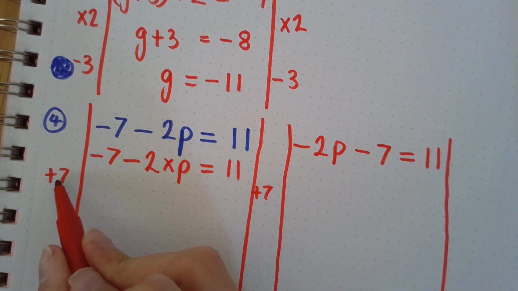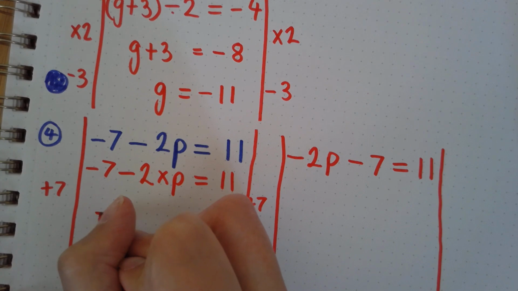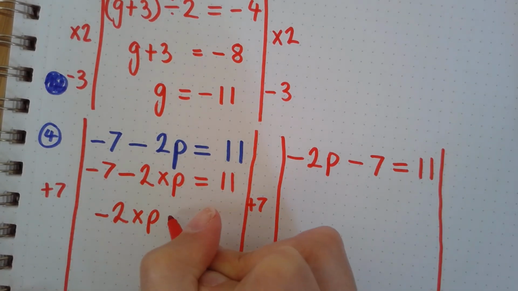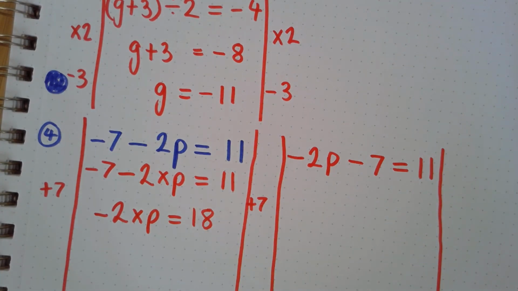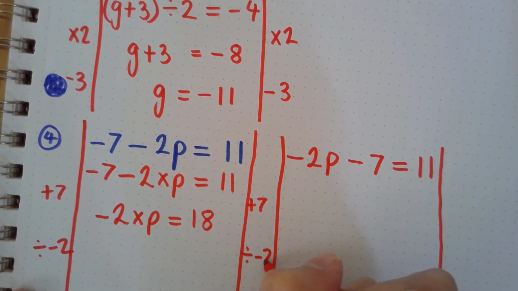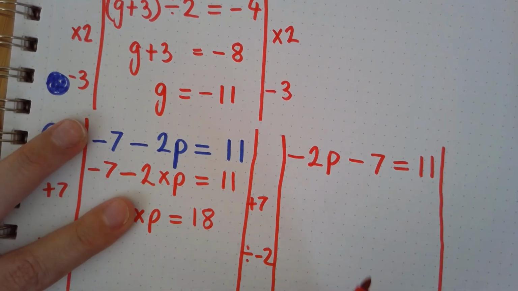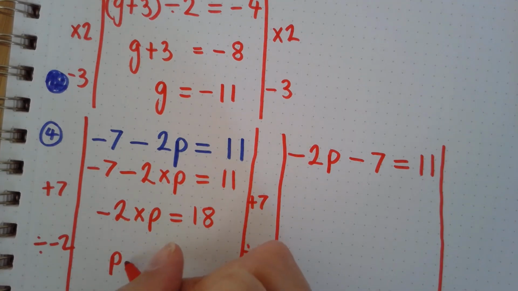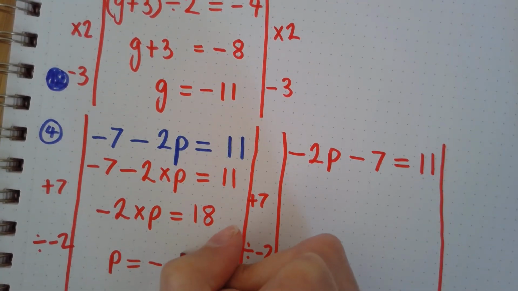So take away 7, add 7, you're still left with negative 2 times P equals 11, add 7 is 18. Then the opposite of times by negative 2 is divide by negative 2. So we're just left with P. And then 18 divided by negative 2 is negative 9.